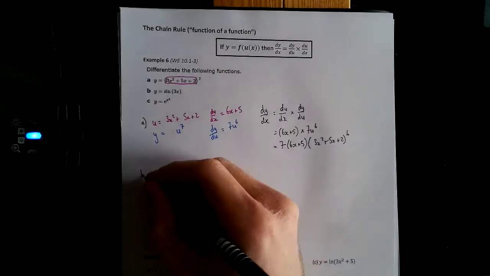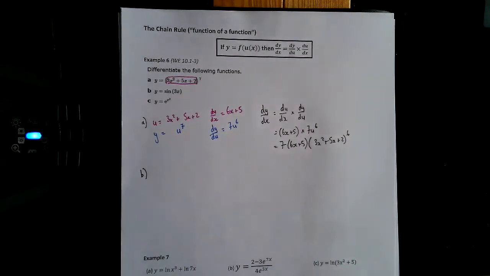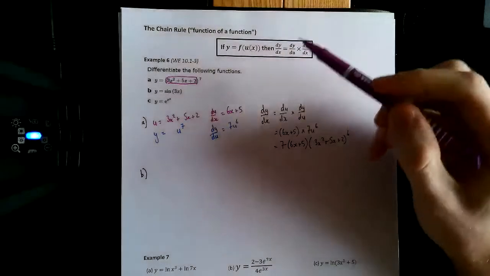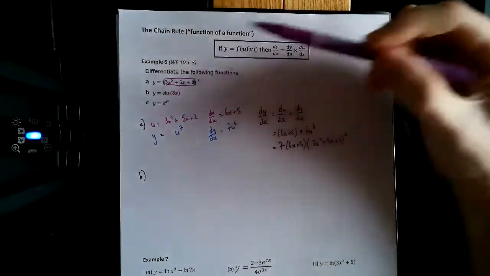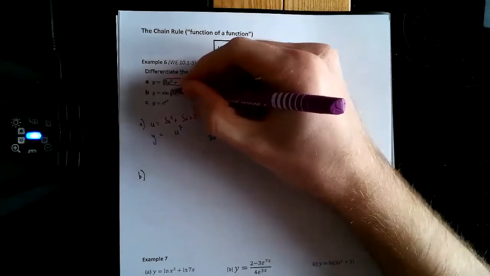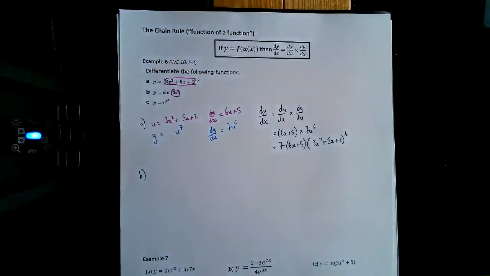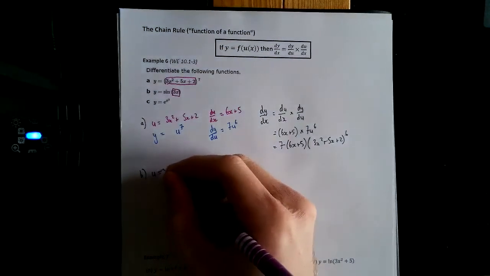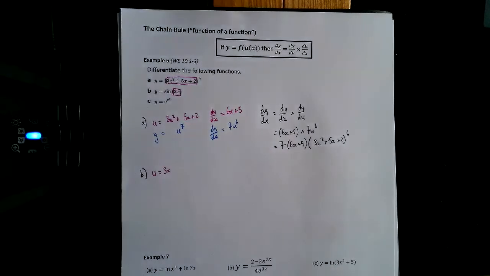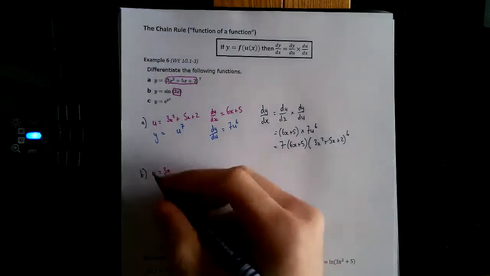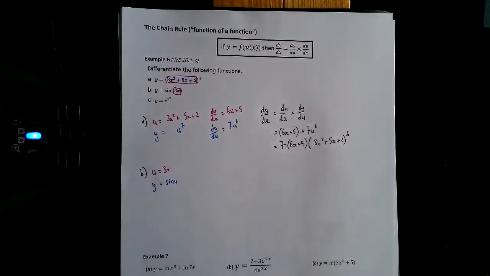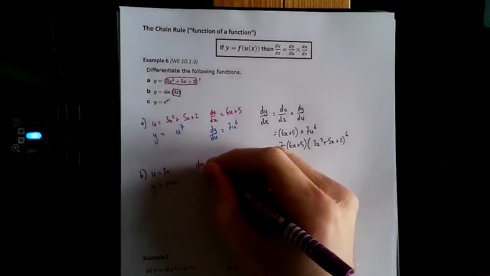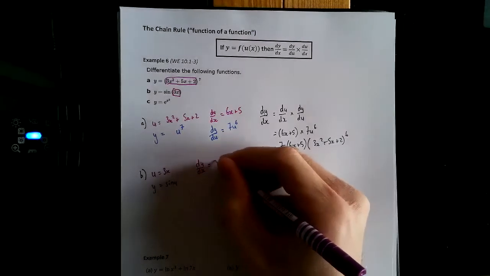So the second one, again, I've got a function in a function. My first function is 3x, and I'm subbing that in sine. So 3x is my function, so I'm going to call that u is 3x. Then if that's what u is, my y becomes sine u. Now I can differentiate them both separately. So du by dx gives me just 3.